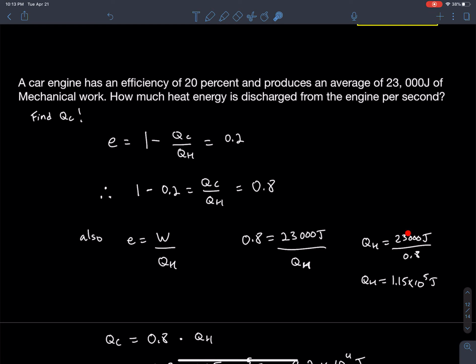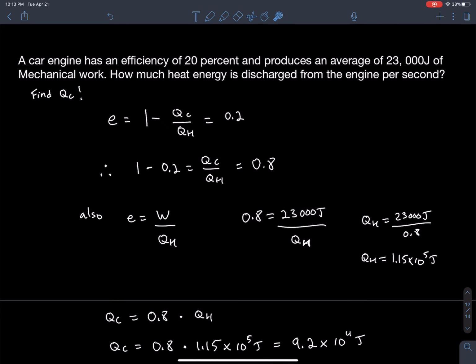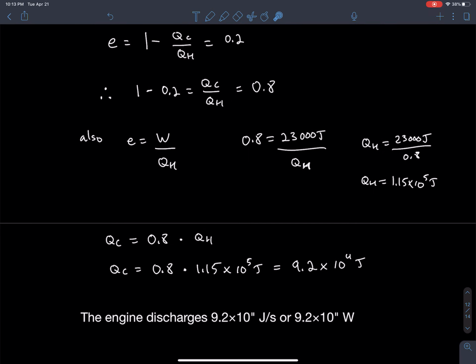And now that I know my total heat, I can go back to this equation up here and solve for the heat that is being dissipated in my cold sink. And that's going to be this. QC is equal to 0.8 times QH. So 80% of the total heat that went into my engine is going to be dissipated. That's 9.2 times 10 to the 4 joules.